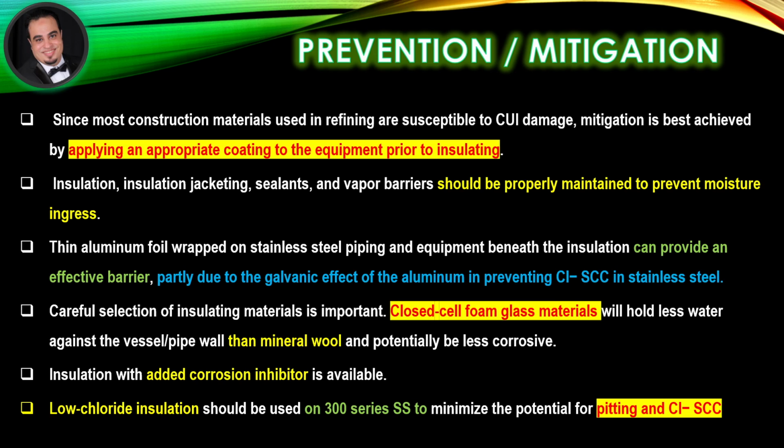Partly due to the galvanic effect of the aluminum in preventing chloride stress corrosion cracking in stainless steel. Careful selection of insulating materials is important. Closed-cell foam glass materials will hold less water against the vessel pipe wall than mineral wool and potentially be less corrosive.